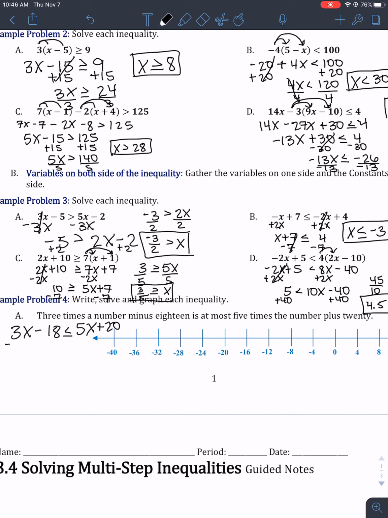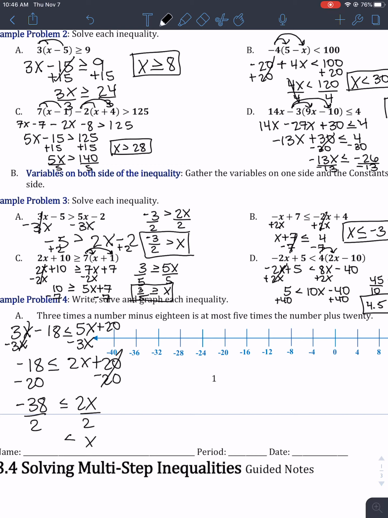So let's subtract 3x from both sides. So I have negative 18 less than or equal to 2x plus 20. I'm going to subtract 20. So 2x less than or equal to negative 38 and divide by 2. X is less than or equal to negative 19.